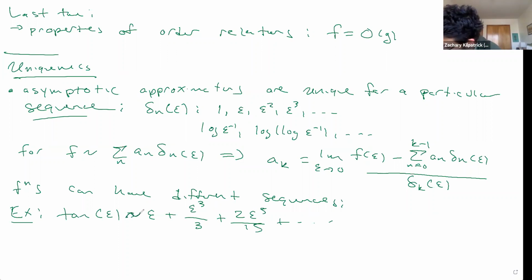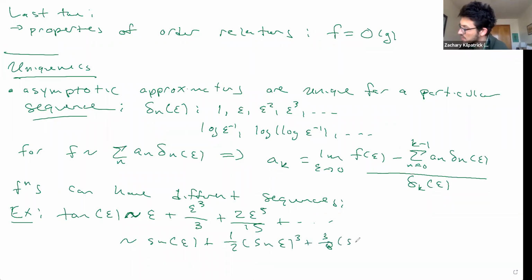This is our asymptotic expansion. We could also expand in sine of epsilon plus 1/2 sine of epsilon cubed plus 3/8 sine of epsilon to the 5th.